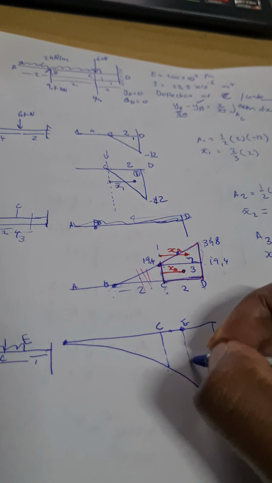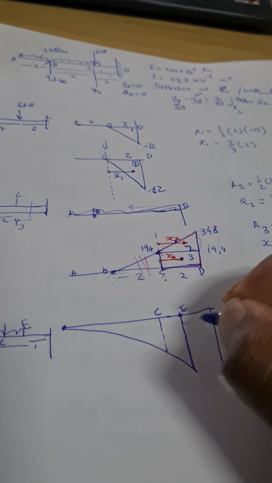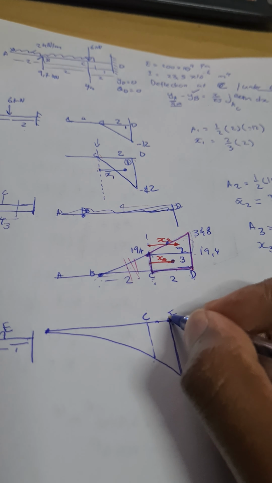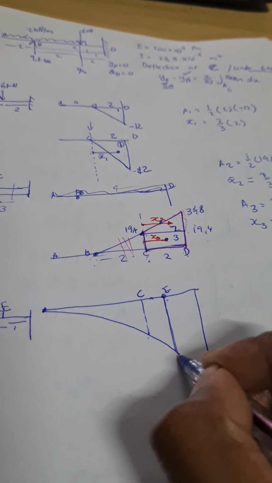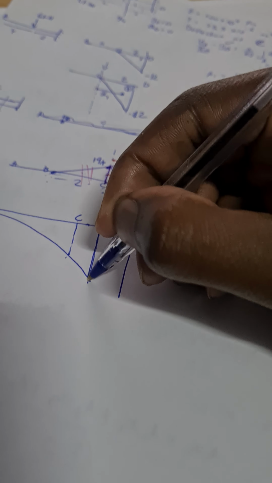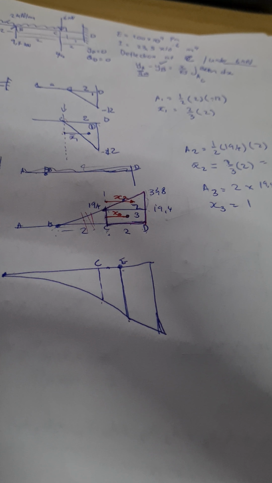Right? And then from here, it curves up until here. Remember, the UDL starts at A and then it curves up until E, right? And then from here, it's what? How many shapes do we have?